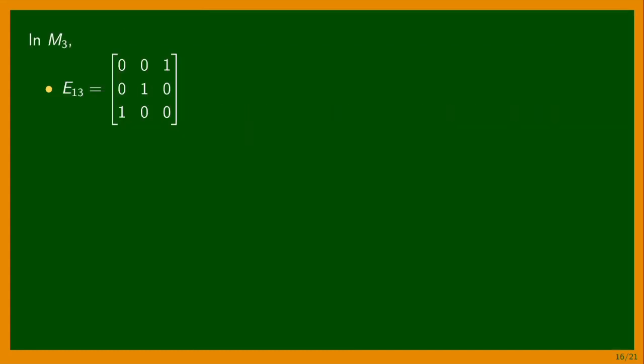For example, this matrix is the E_13 matrix in the space M_3, 3 by 3, because this was obtained from the identity by swapping the first and the third rows. This is the identity when the first row was multiplied by minus 3, as you can see.